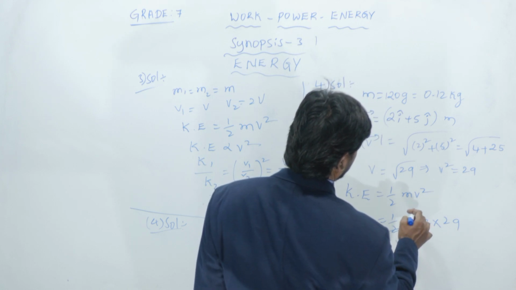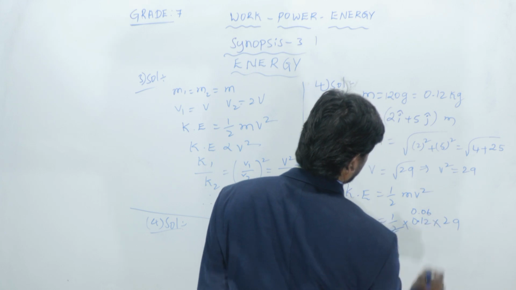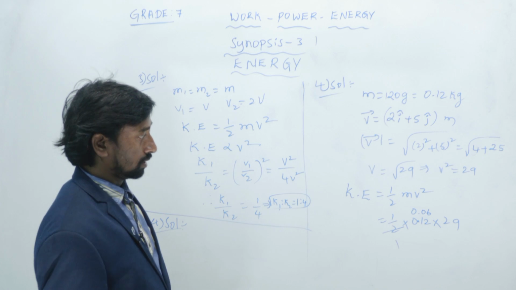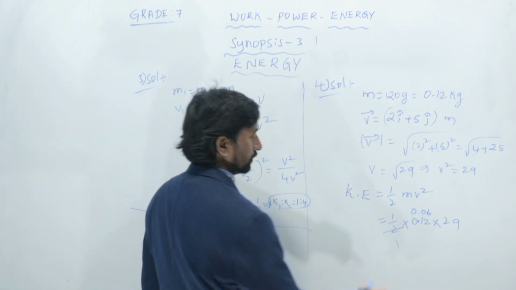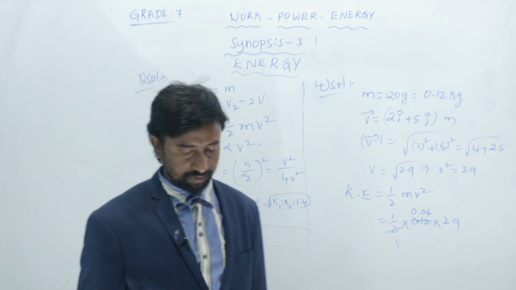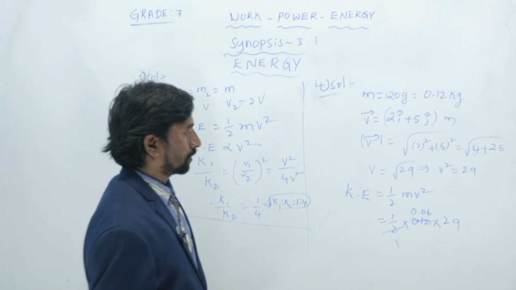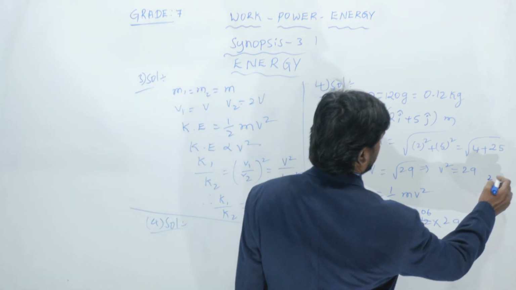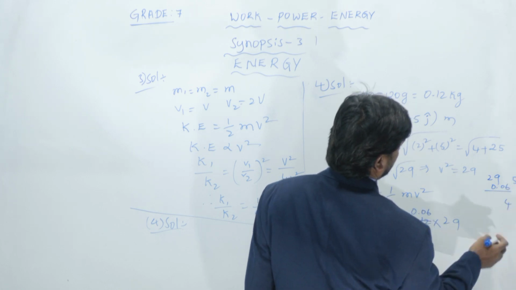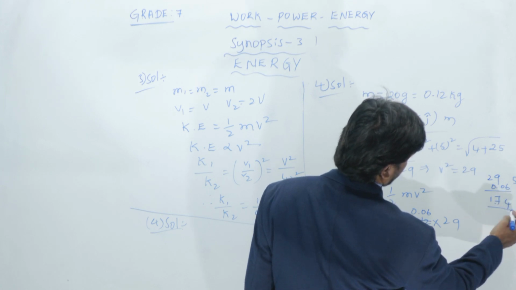So how much will it become? Half of 0.12 is 0.06. Now if you multiply 29 into 0.06, we get the answer. 29 into 0.06 gives 1.74.